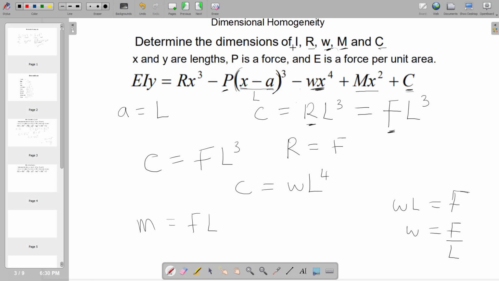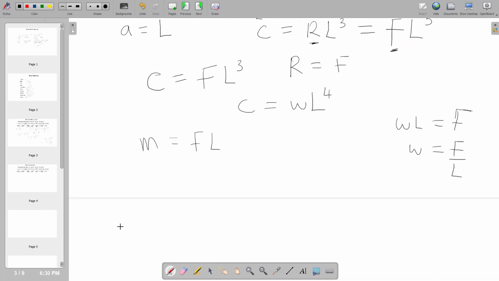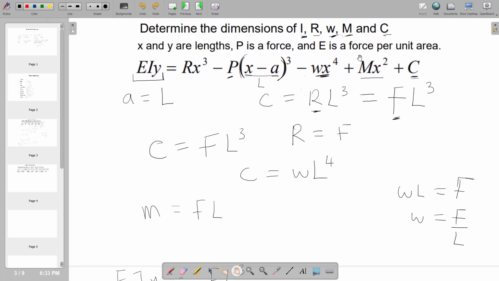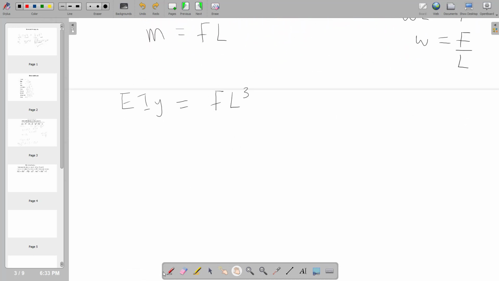Now we need to find I. So where can we find I? We have I in this quantity here, EIY. So we can compare that to our FL cubed. So our EIY has the same dimension as our FL cubed. And in the question we are told that our E is a force per unit area, so it is F per L squared.